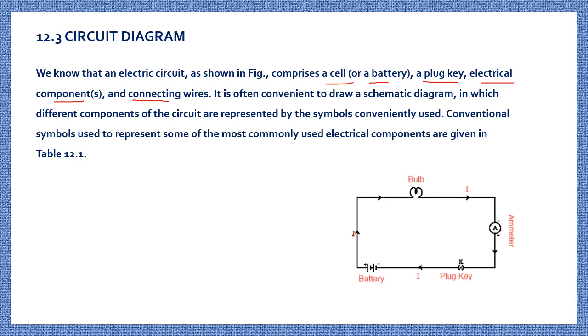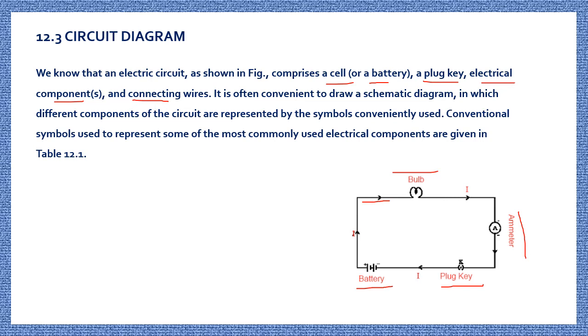This is a schematic diagram of a simple electric circuit. Here you can see the battery. This is plug key. That is bulb. That is ammeter to measure the current. And these are the wires.